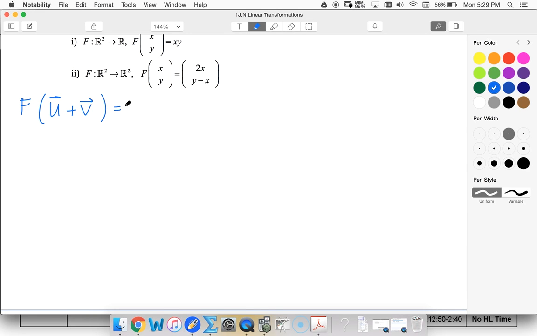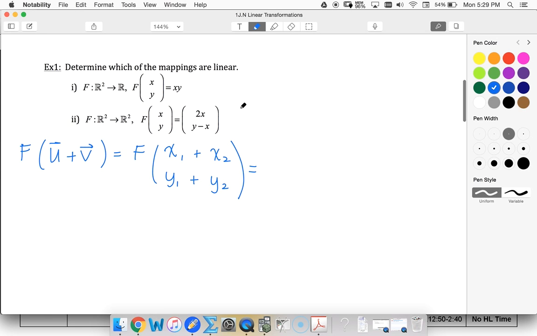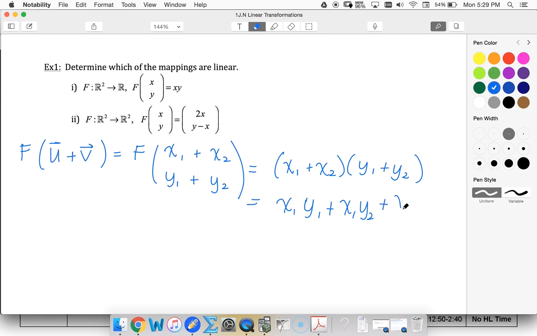So f of u plus v, that's going to be f of some x1, x2, y1, y2. If we plug this in, we're going to have x1 plus x2 times y1 plus y2. This is going to work out to be x1 y1, x1 y2, plus x2 y1, plus x2 y2.